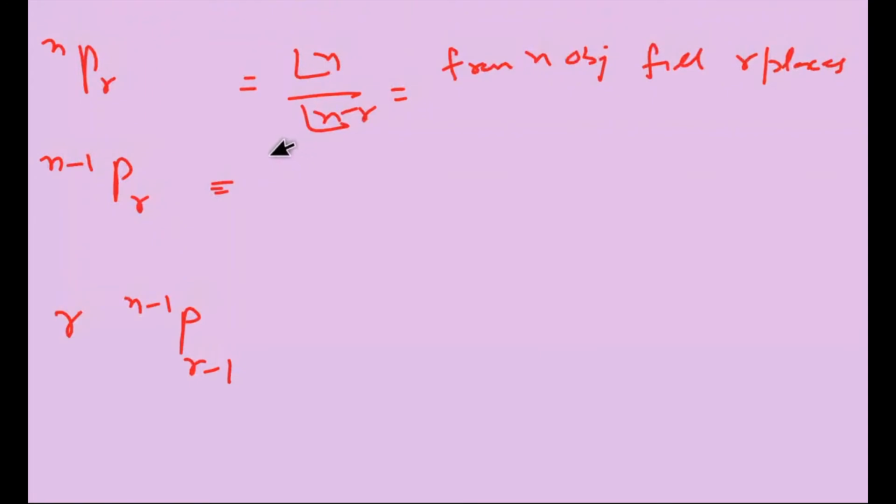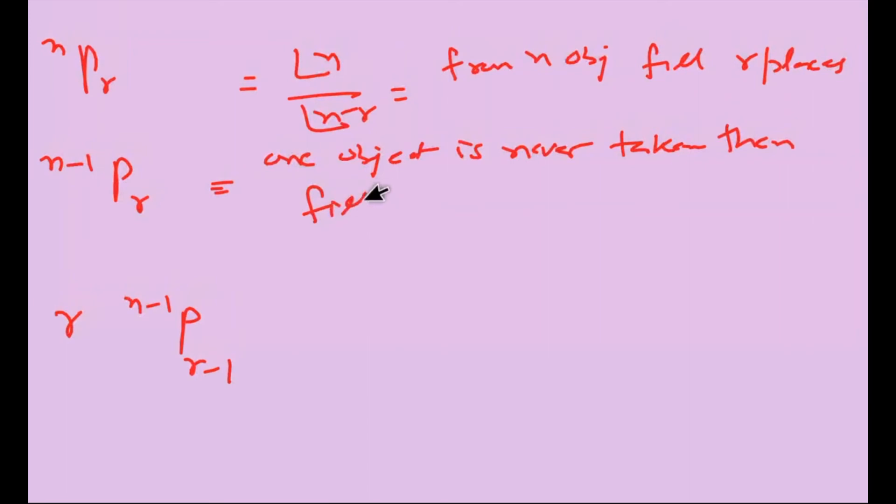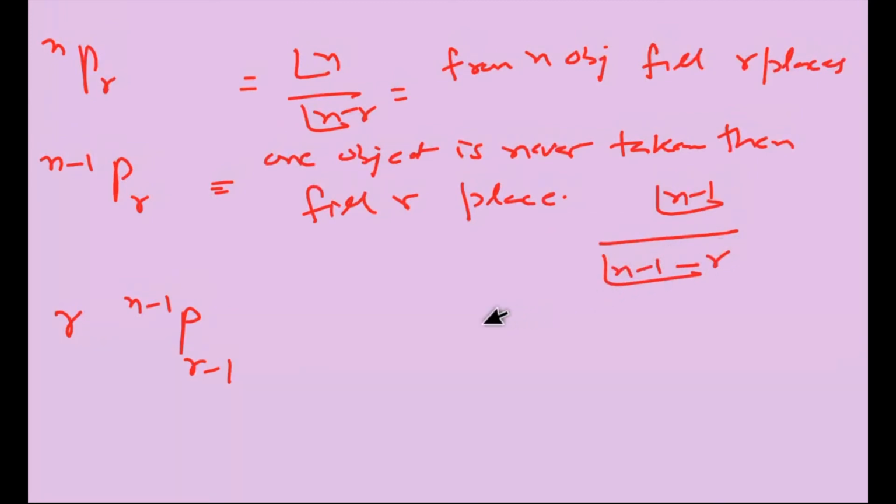Okay, and here one object is never taken, then fill r places. So factorial n minus 1 upon factorial n minus 1 minus r.